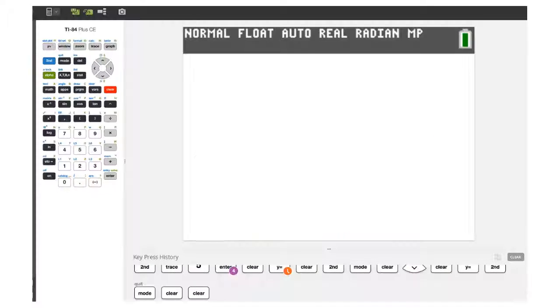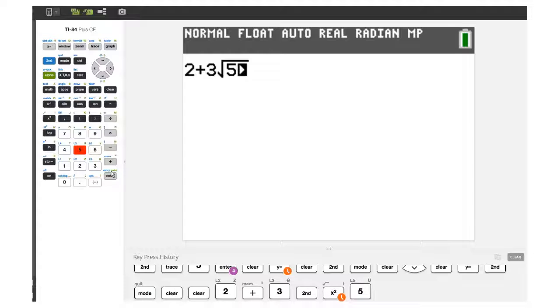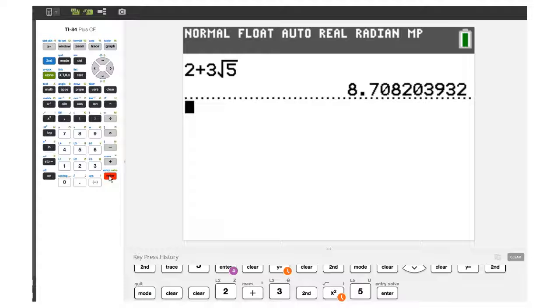Now, to check if our answers are correct using the quadratic formula, first we have to find out what 2 plus 3 radical 5 is equal to using the calculator. And the first value is equal to 8.701, which I'm going to round to 8.71.